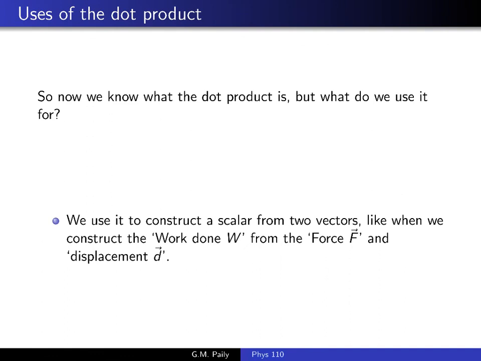And later on in the course, we will use it to construct scalars from two vectors, such as the scalar work, denoted by W, which is constructed from the force F and the displacement D.